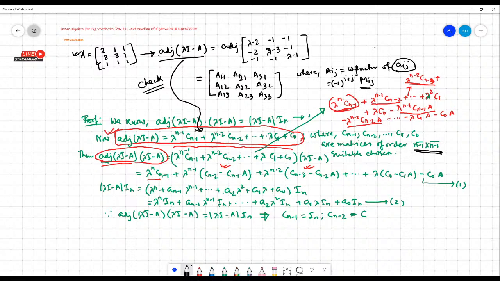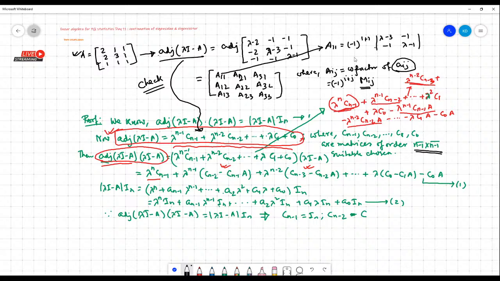So for example, here A11 means minus 1 whole to the power 1 plus 1 times lambda minus 3, minus 1, lambda minus 1.